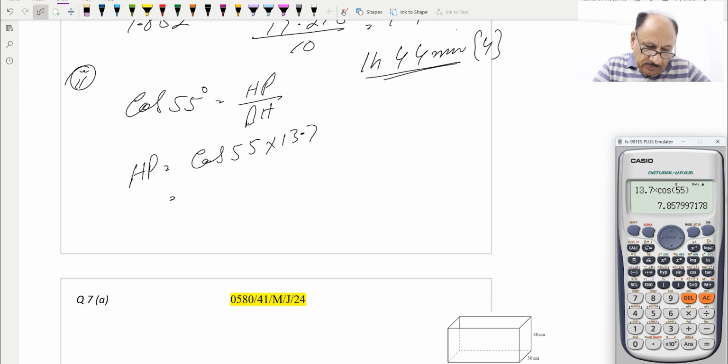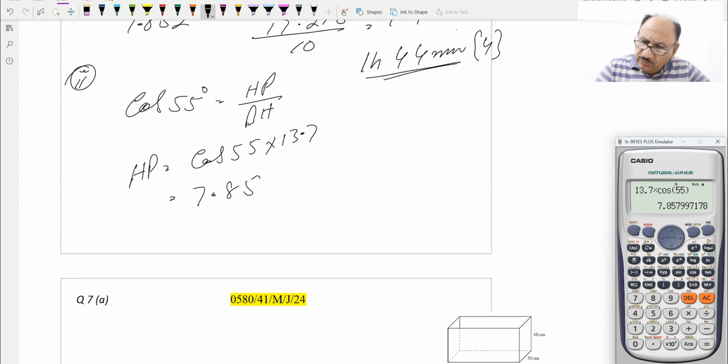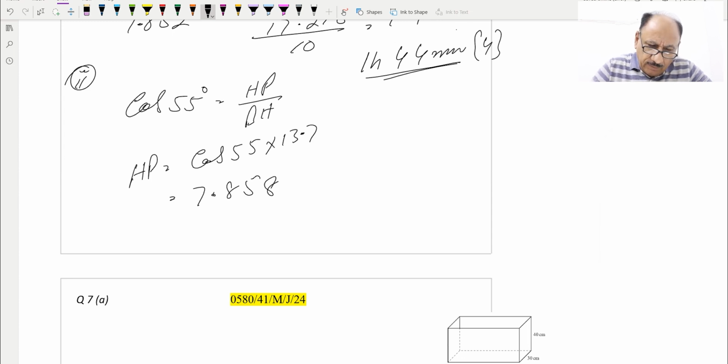So we can write 7.85, and this will be in kilometers. This is a 3 marks part which we have done. Hopefully you understood this question.